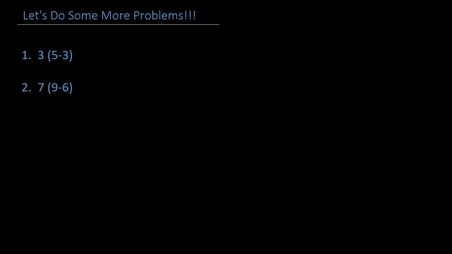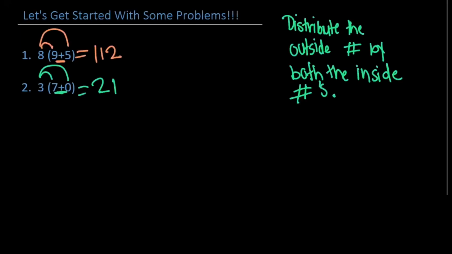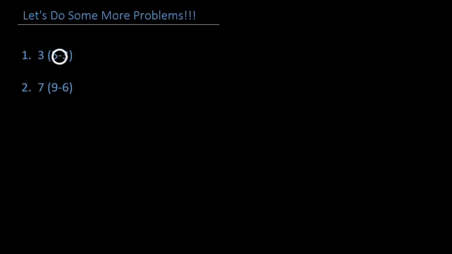For the second question, we have subtraction problems here. Subtraction is the only change we have. Here we had addition, and here we have subtraction. The rest is the same process. It doesn't matter if you have a subtraction or an addition sign in the middle.